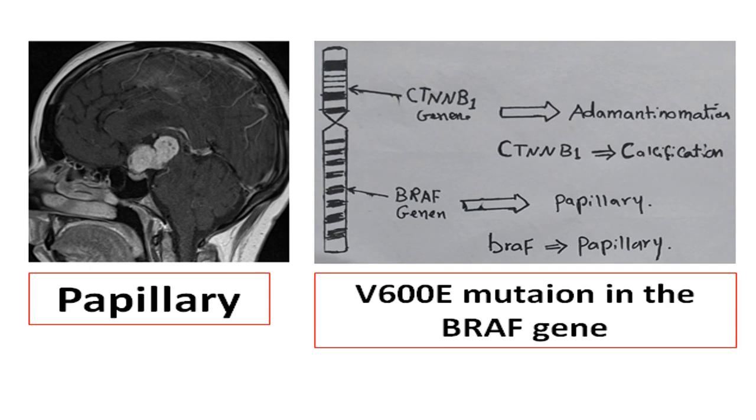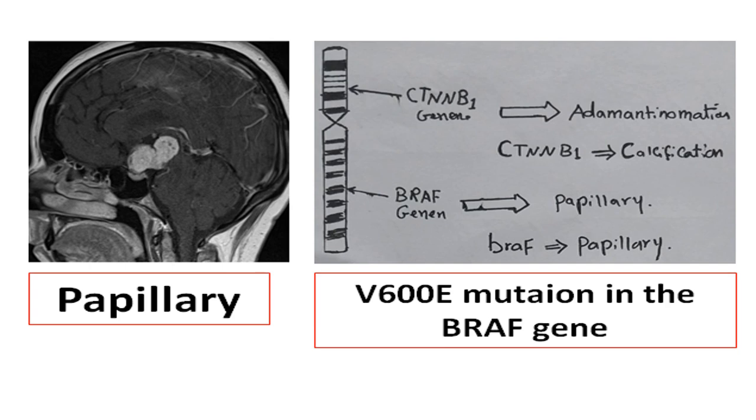This substitution makes the division of the cells uncontrollable. So this mutation is called the V600E mutation, where V means valine, 600 is the number of the amino acid, and E means glutamate because it is excitatory.